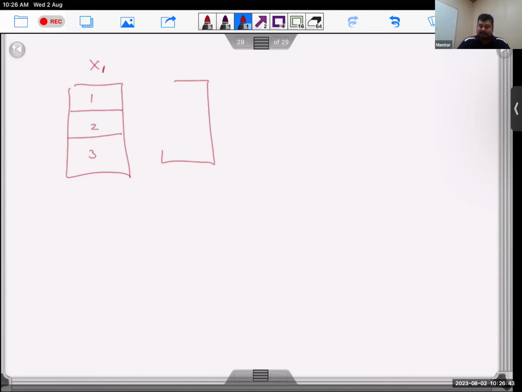The mean is x1 bar. If I subtract the mean from every value, you'll get 1 minus 2, 2 minus 2, and 3 minus 2. Can you tell me what happens to the resultant mean?